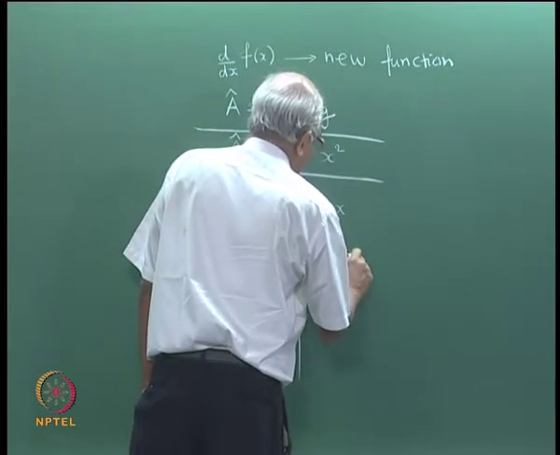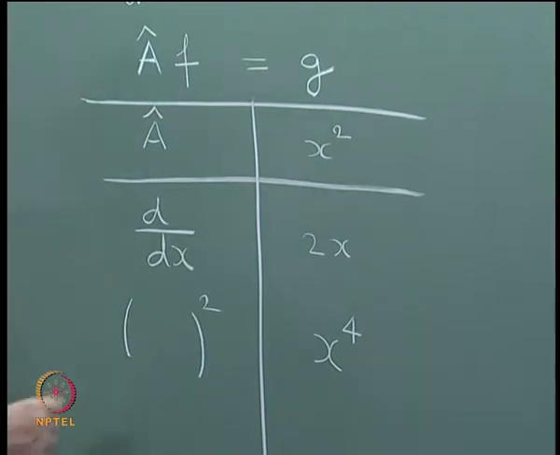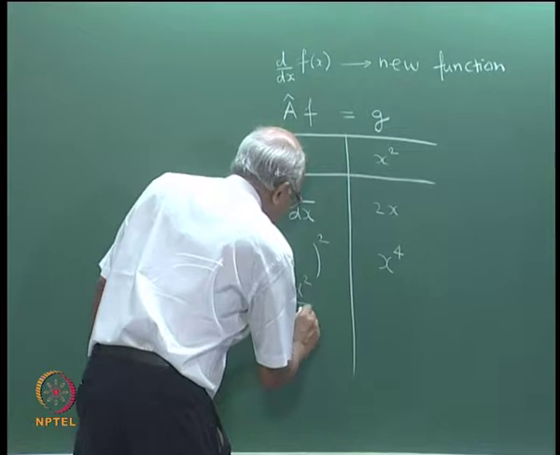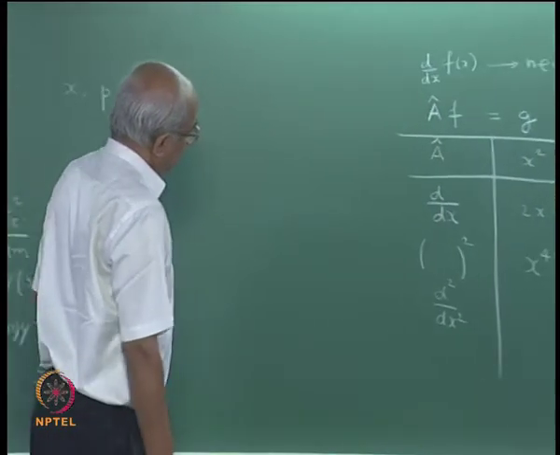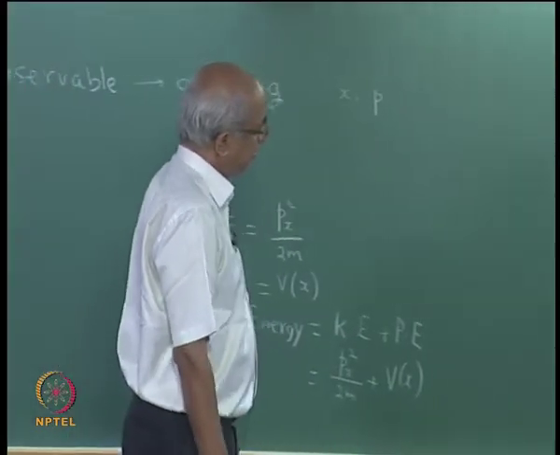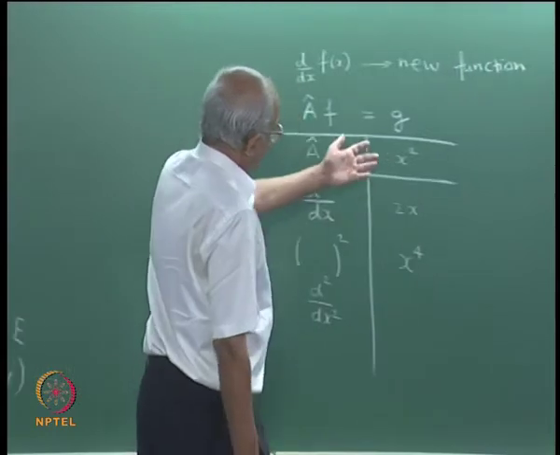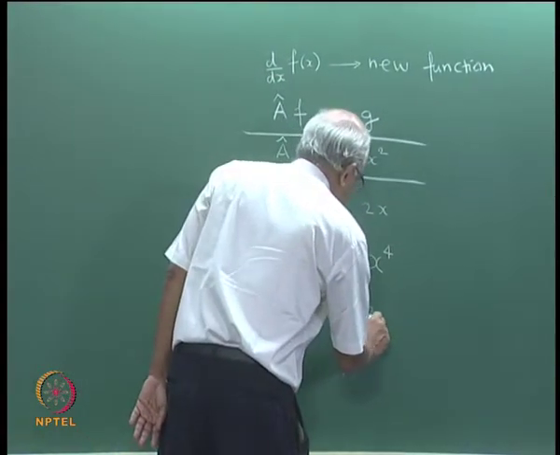It is going to be x to the power of 4. You can have other examples, for example, taking the second derivative of the function. If it operated upon x square, the answer will be just 2.